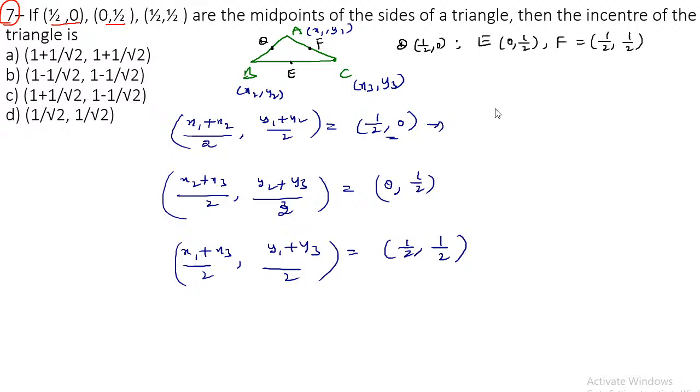So we get x1 plus x2 is equal to 1 and y1 plus y2 is equal to 0.